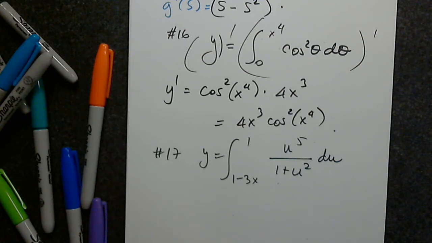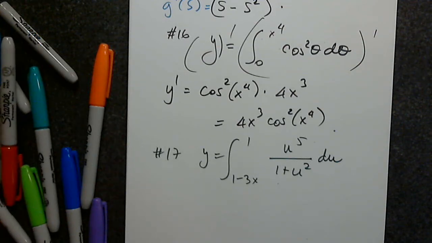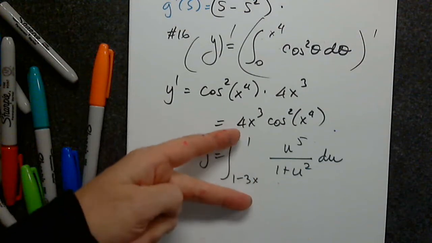Same question. We're asked to differentiate. However, I can't. Not just yet. It's not ready. The lower limit is not 1. The lower limit is the function, so I have to do this.